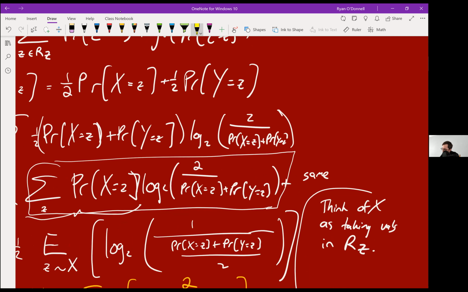So here we have the sum over Z, probability under X of Z, times log of something, some weird thing involving Z.